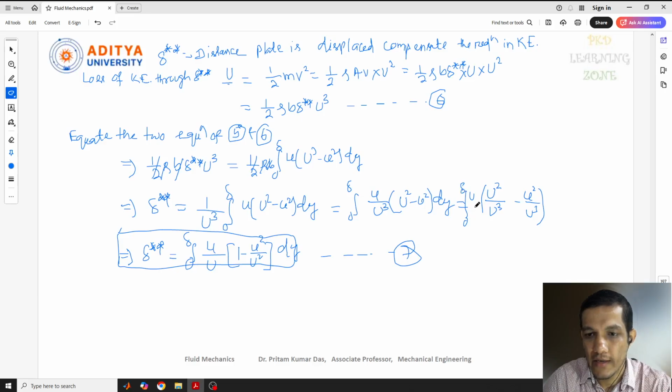If I take u common outside, then in the next step there will be u by U, and then the U square cancels, leaving u square by capital U square. So this is the final equation of the energy thickness.